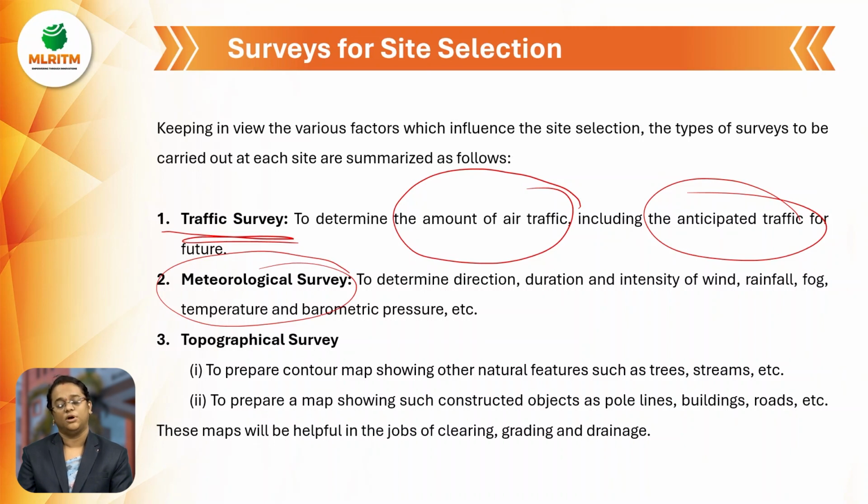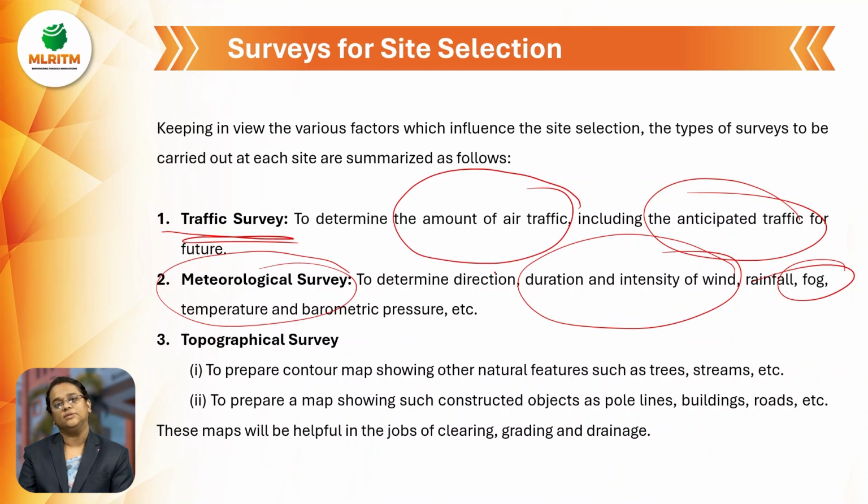When there is a lot of fog in the atmosphere, it can affect the visibility of the aircraft. In those scenarios, takeoff and landing will have a lot of problems. So we have to check the fog condition and other intensities, and also the intensity of the wind.